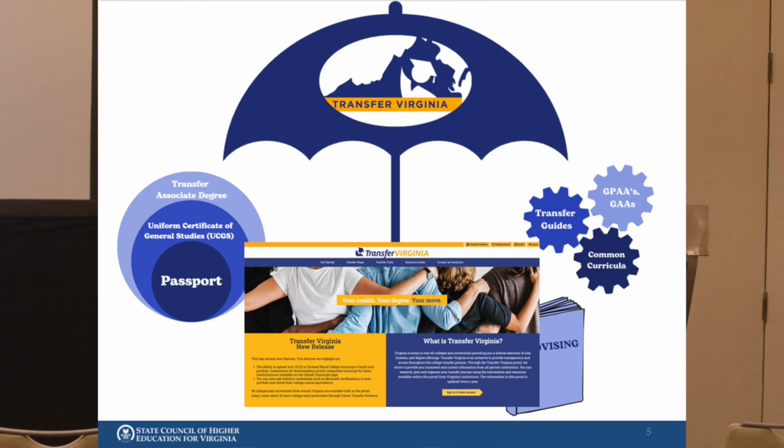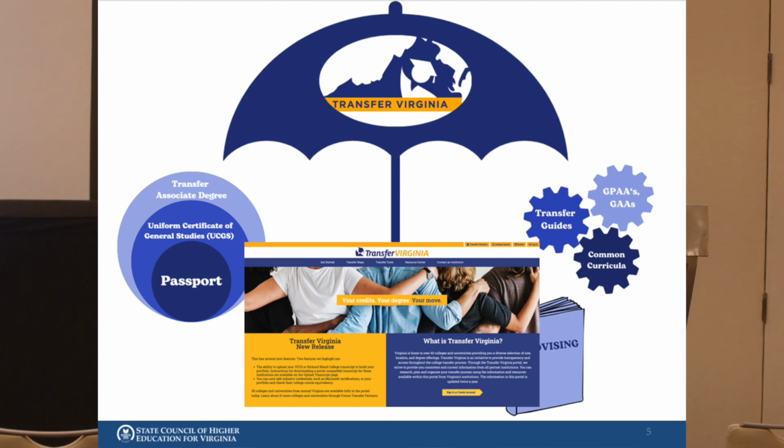A lot of other information specific to the major or the transfer, financial aid, employment outcomes, all of those are on that transfer guide, and then all of those transfer guides are on our portal. And then the Common Curriculum, as I talked about earlier. We've been able to better those guaranteed program admission agreements and the GAAs by being able to attach those transfer guides to this agreement between the institutions.